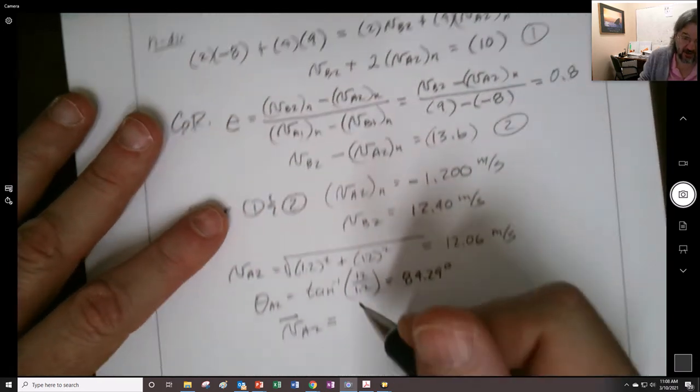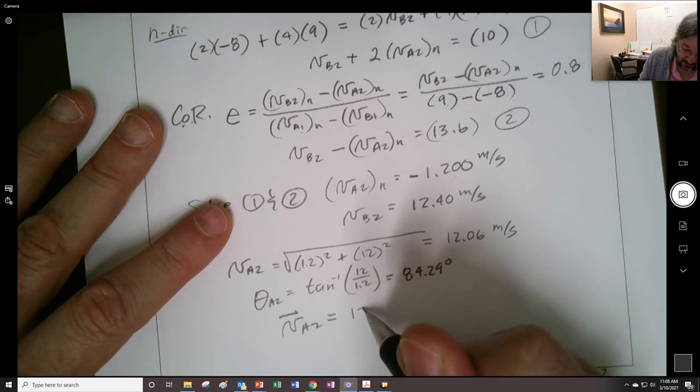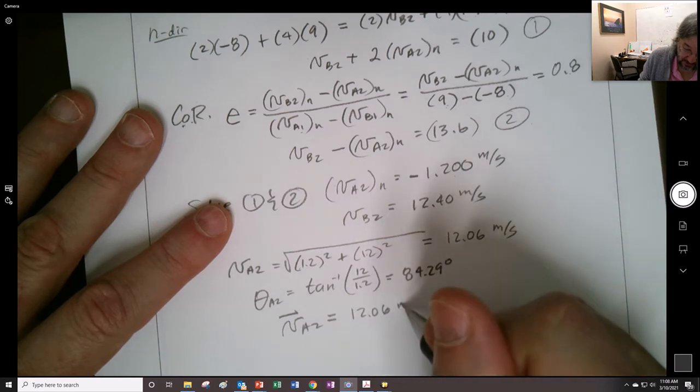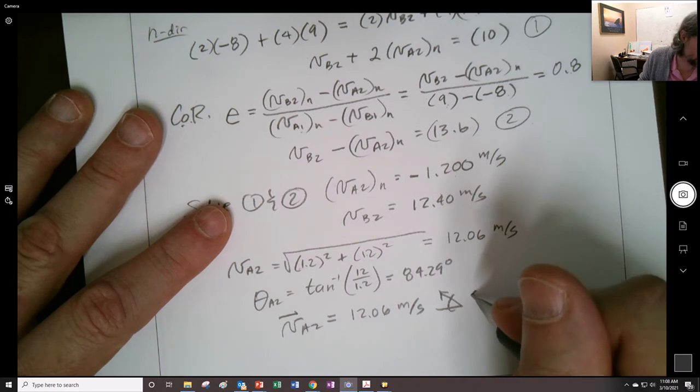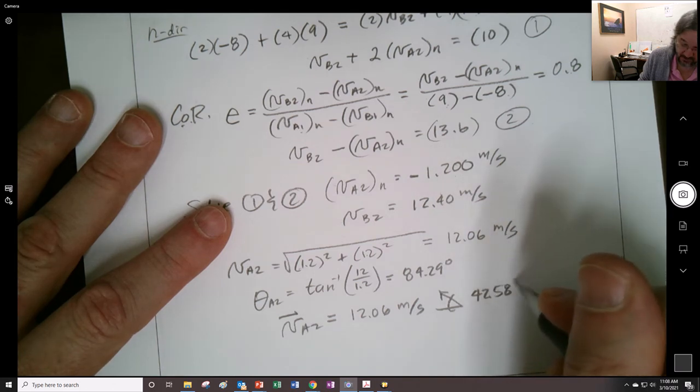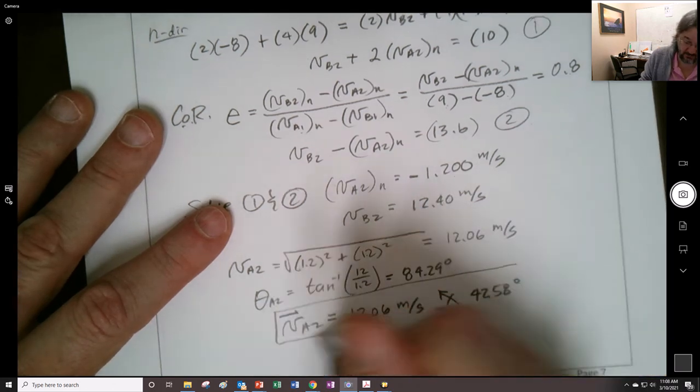So if we're going to report it as a vector, we want to say that it's 12.06 meters per second, but it's going to be up in that quadrant, and it's going to be equal to 42.58 degrees. Hopefully you'll be convinced of that.